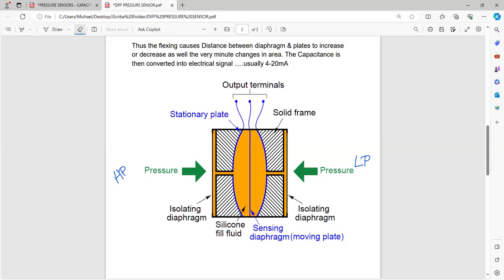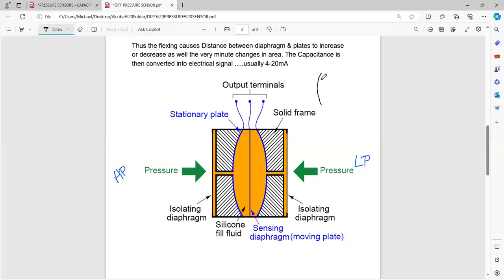So generally one side will be the high pressure side, the other side will be the low pressure side. Don't get confused that high pressure can't be lower than your low pressure. This is only in significance because if you're going to be using this for your boiler water, remember your drum.